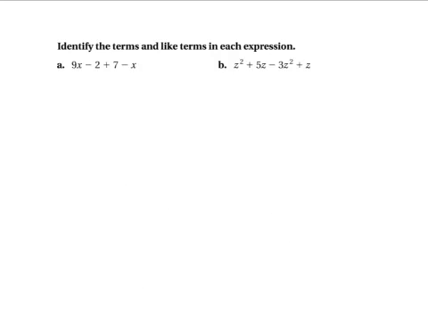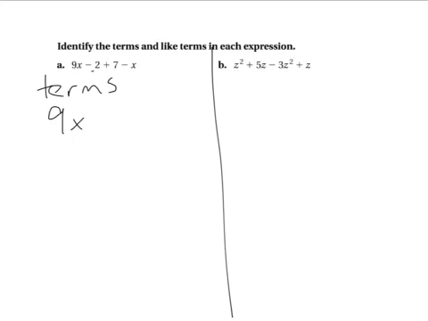Alright, let's look at some practice problems that we can start looking at. The directions for these problems are identify the terms and the like terms in each expression. So let's divide this in half here, and let's first look at our terms. 9x minus 2 plus 7 minus x. Our terms are 9x. Now we have to be careful here of negative signs. This is subtraction of 2, so we have to look at that as a minus 2.